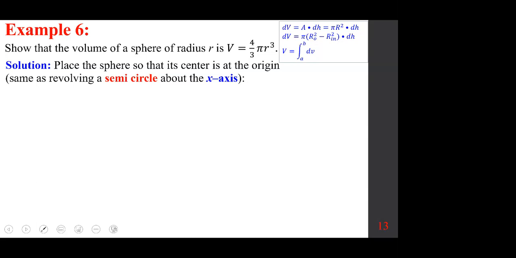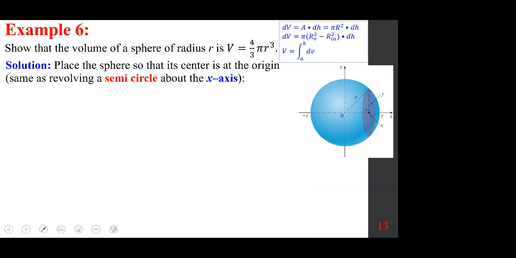So take a look at what happens. The idea is that, class, you have a circle and the equation of a circle is what? X squared plus y squared equals r squared. Everybody knows that, right? If it's centered at 0, 0, x squared plus y squared equals r squared. And so all we need is this top semicircle.